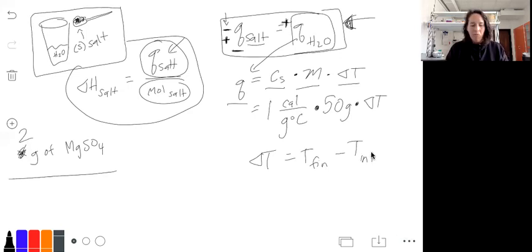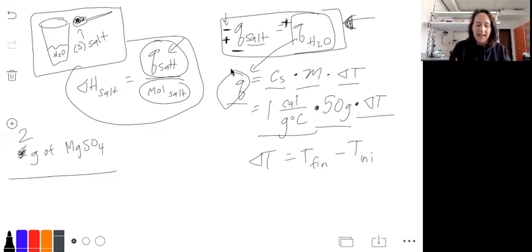Once you have those values, the 1, the 50, and the delta T, you figure out the numerical amount of heat that the water absorbed. Then using this relationship, it's the same amount of heat for the dissolving salt process, but just the opposite sign. So that's how we figure out this numerator value here.